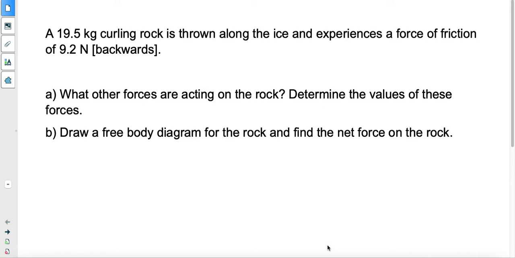So I'm going to start by drawing a free body diagram, just so we can see what's going on in this situation.